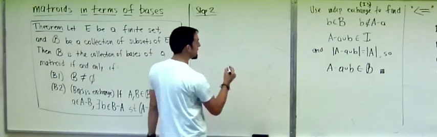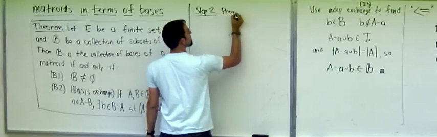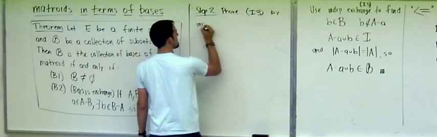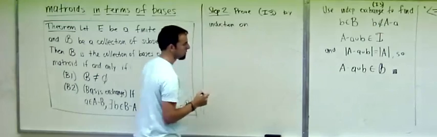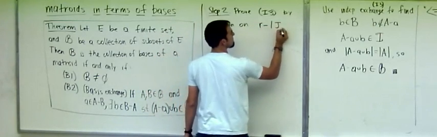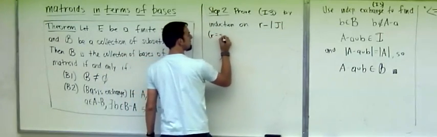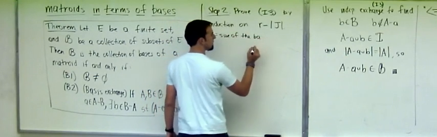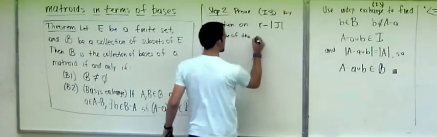So I'm going to do it by induction again. I'm going to prove I3 by induction on R minus the size of J, where R is the size of the elements of the sets in B. Not the bases, they're not bases yet.